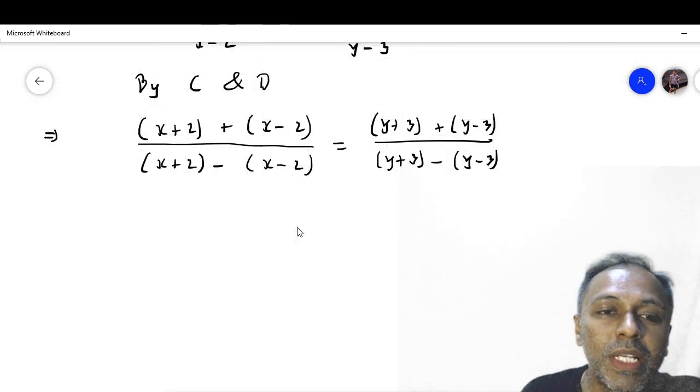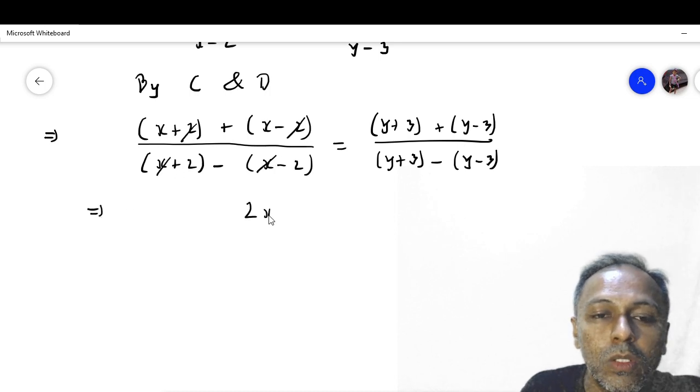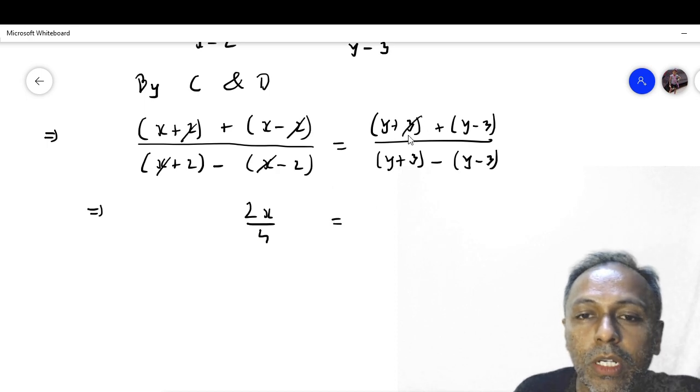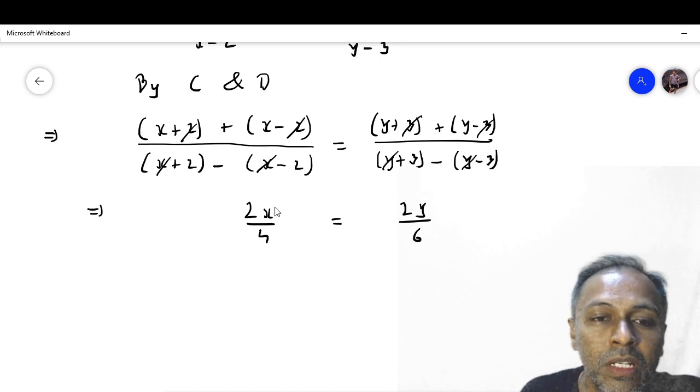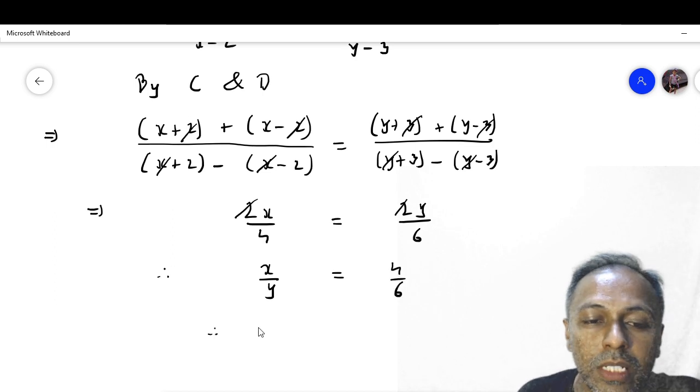In numerator, we have a chance to cancel 2 and x terms. This becomes 2x upon 4, minus of minus, is equal to 2y upon 6 as 3 cancels. 3 minus of minus is plus 3, 6. 2 can get cancelled out. So we get x upon y is equal to 4 upon 6.